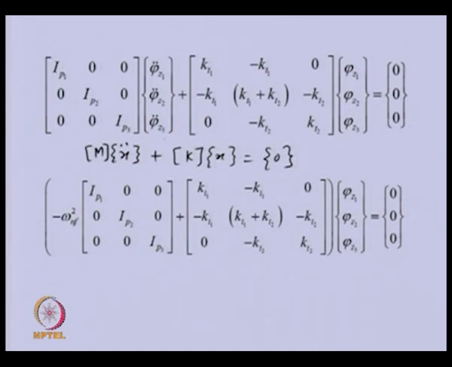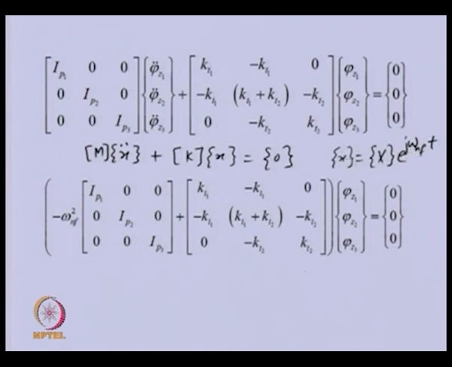Now for free vibration, because we are dealing with free vibration, we expect the displacement to have some amplitude and a harmonic component, that will be the natural frequency of the system. So if we substitute this in the equation of motion, we need to take the derivative of this with respect to t, and because this amplitude is a constant, we will get omega square for that particular case.